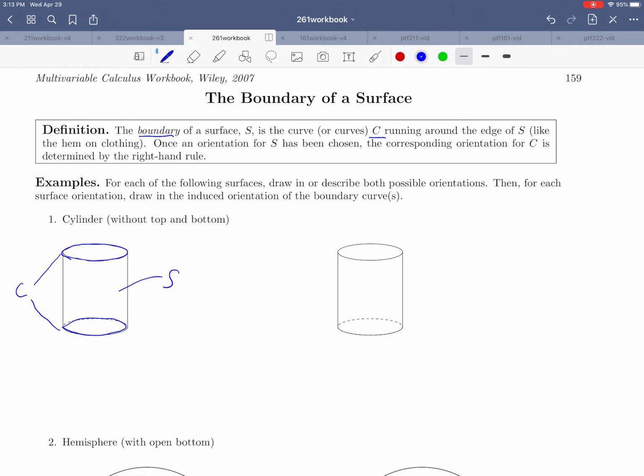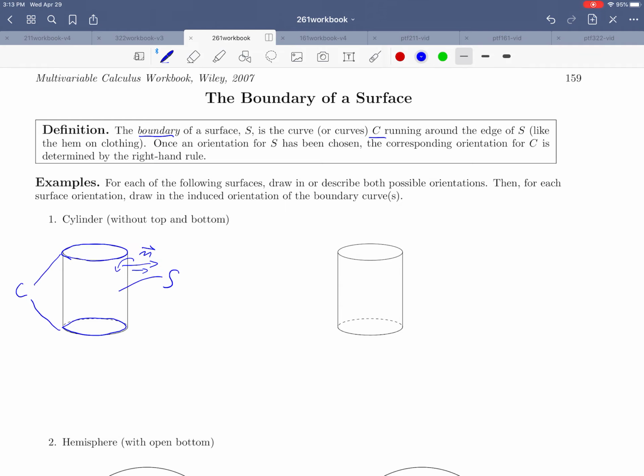Now, what is the orientation of the boundary curve? That totally depends on the orientation of the surface itself. If I draw in a normal vector n pointing outward, like this, then using the right-hand rule, imagine my thumb is pointing in this direction, and my fingers would be curling around this direction.